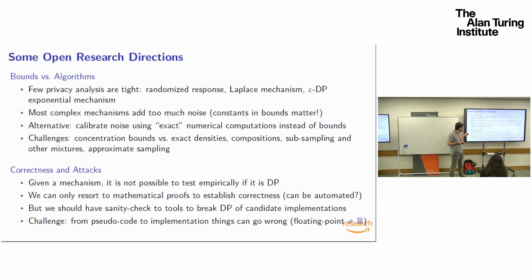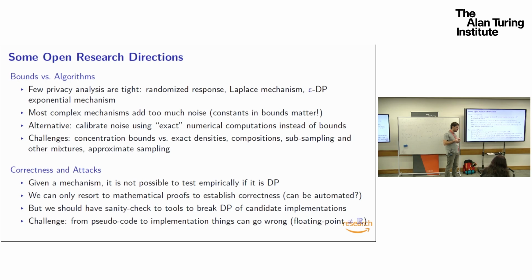Another thing we have to try is to actually break DP. Even if we cannot verify that something is DP, we can have an attack that tells you that it is not. That's an interesting line of work, because these attacks will have to be specific to the task at hand. The DP guarantee is very abstract, and that makes it very nice.